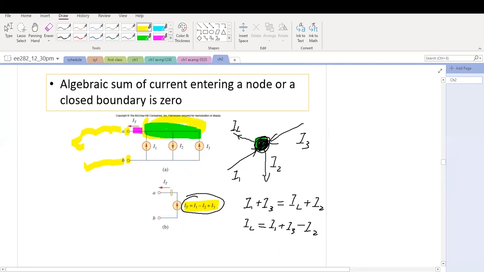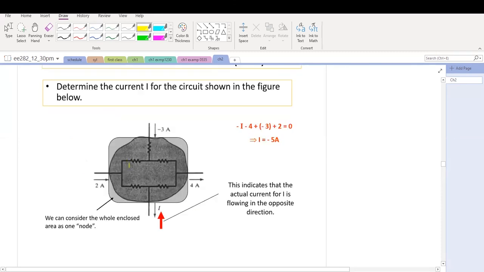This node will have a current flowing into terminal A, or node A, with I of t equal to this. KCL helps us to simplify the circuits here. There are connections here, there are two branches coming out: one, 2, 3, and 4.